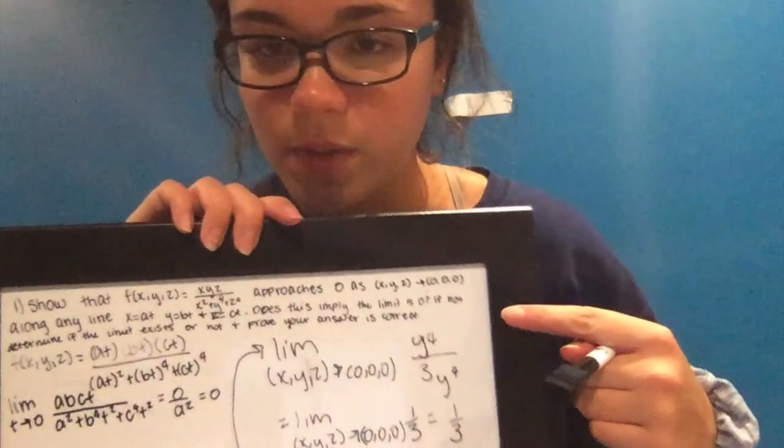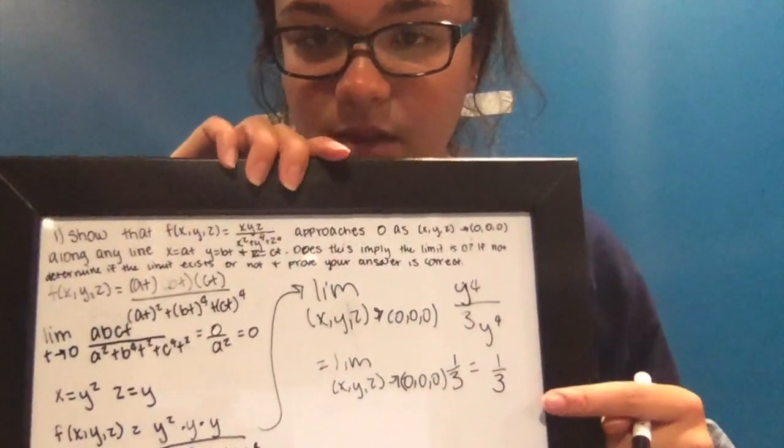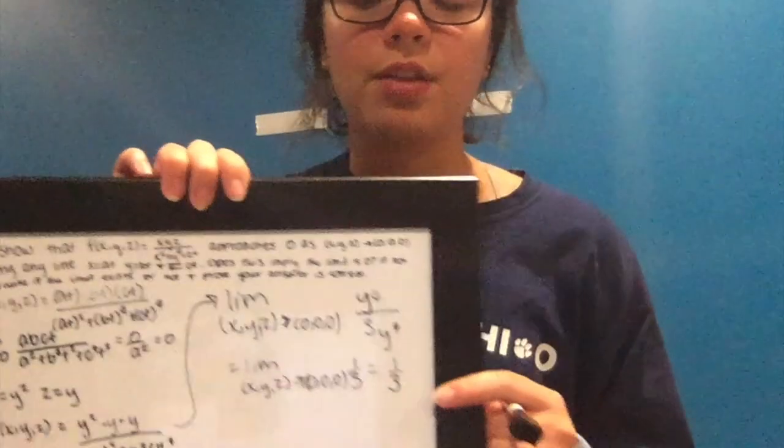To give you a visual of that, here we are. We came up here and we took the limit and we simplified the y to the fourth. And since we found a curve where the limit does not equal 0, 1/3 does not equal 0, this in turn means that the limit does not exist.